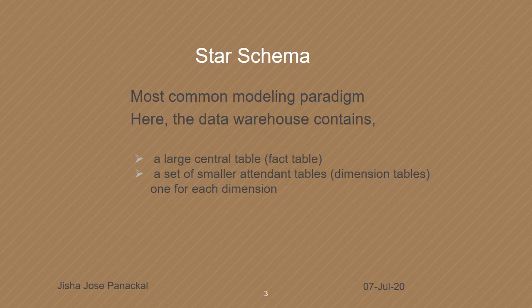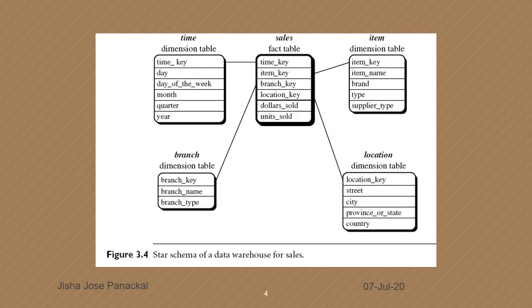So we will have a central table or a central theme, that is the fact table, and a set of smaller attendant tables which are known as dimension tables, one for each dimension. If we have 4 dimensions, we will have 4 different dimension tables, and there will be a central table known as the fact table. It will look like this figure.